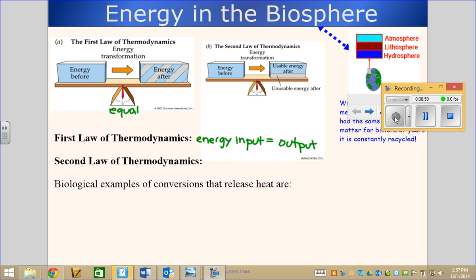That means that in terms of energy, our planet is an open system. Energy can get in and energy can go out. Now, if we're talking about our planet as a whole, the energy that comes in is solar, and the energy that goes out is heat.